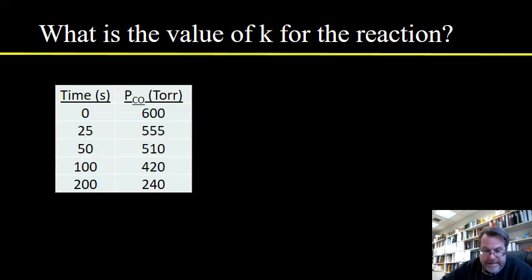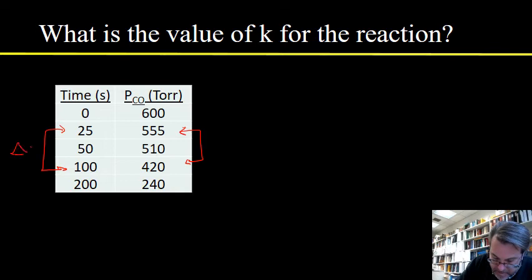Okay, let's look at another way to calculate the rate constant from this data. Now, if we've got a data table, just like with all the other ones, if you've got a graph and a data table, you can use either to calculate the slope. And for this one, I'm just going to pick, let's say, the points at 25 seconds and 100 seconds. And so our time is our change in x coordinate, and our partial pressure is our change in y coordinate.